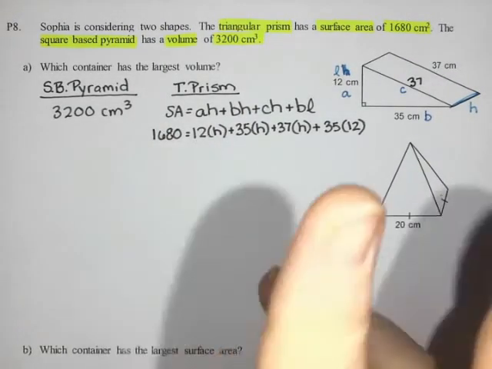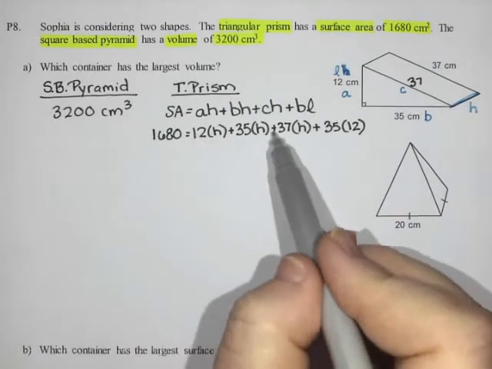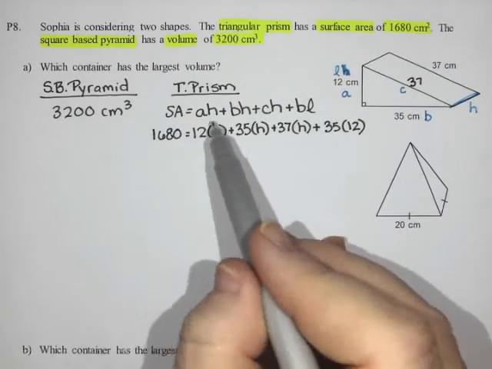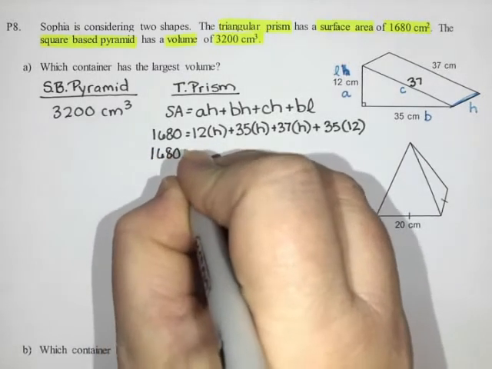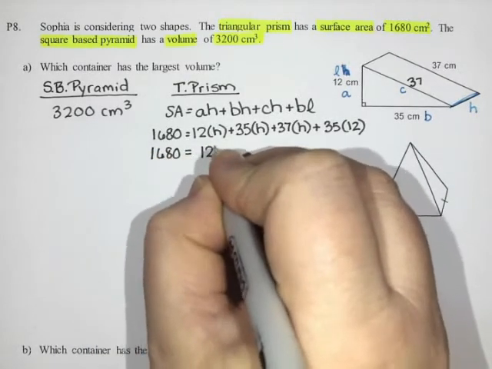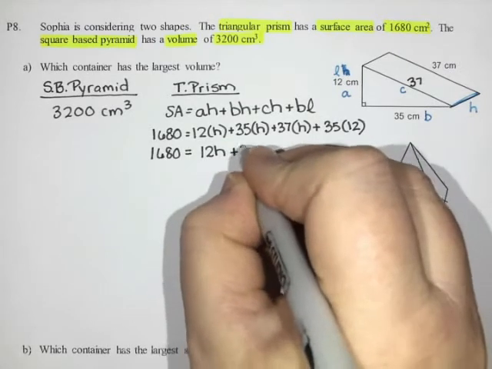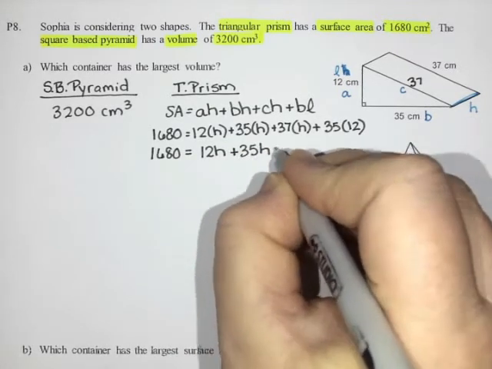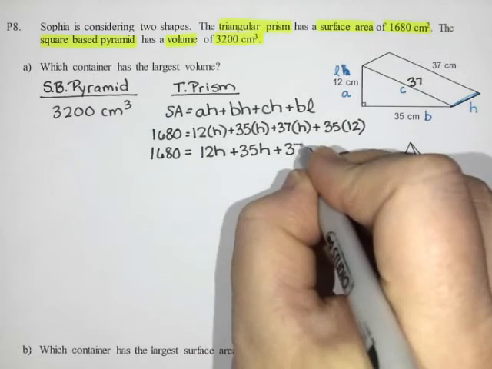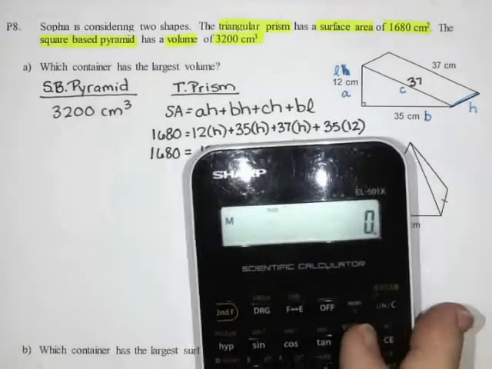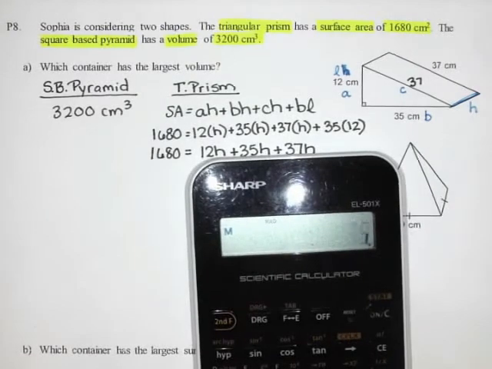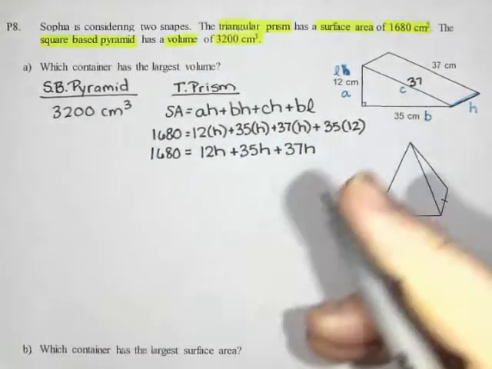So I'm just going to multiply these things together, which really just means I'm going to eliminate the bracket. So I have 1,680. 12 times h is just 12h. 35 times h is 35h. 37 times h is 37h. And then 35 times 12 is 420.